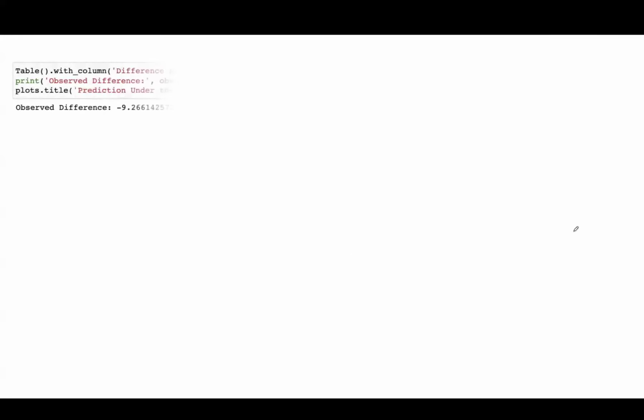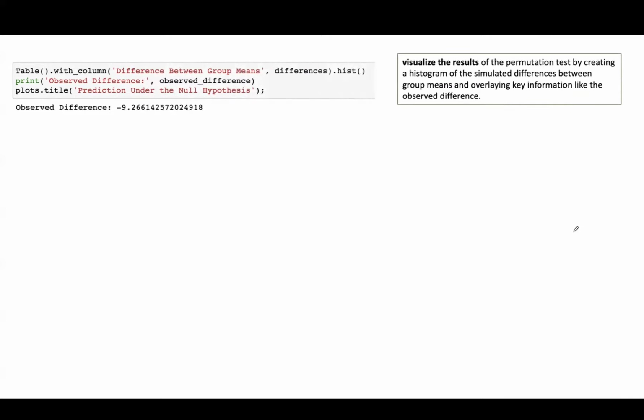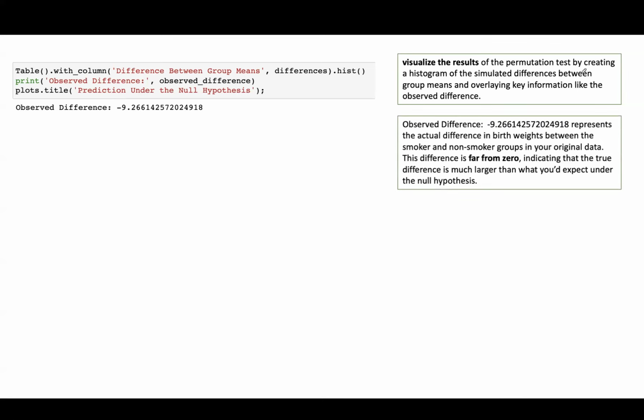Now if we take a look at the next line of code, we try to visualize the result of the permutation test by creating a histogram of simulated differences between group means and overlaying key information like the observed difference.